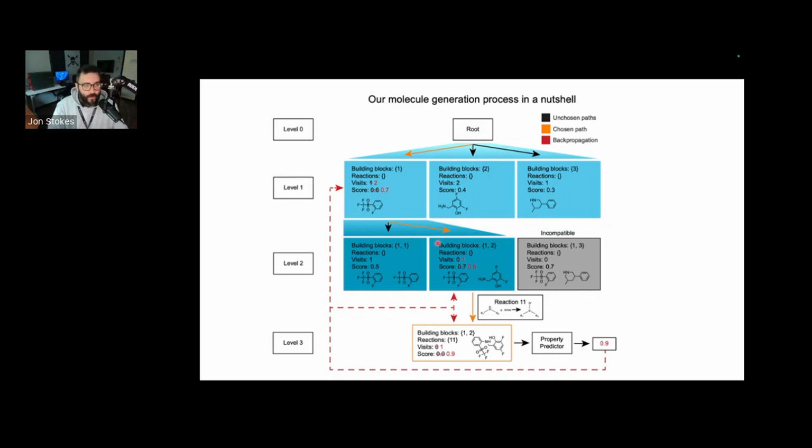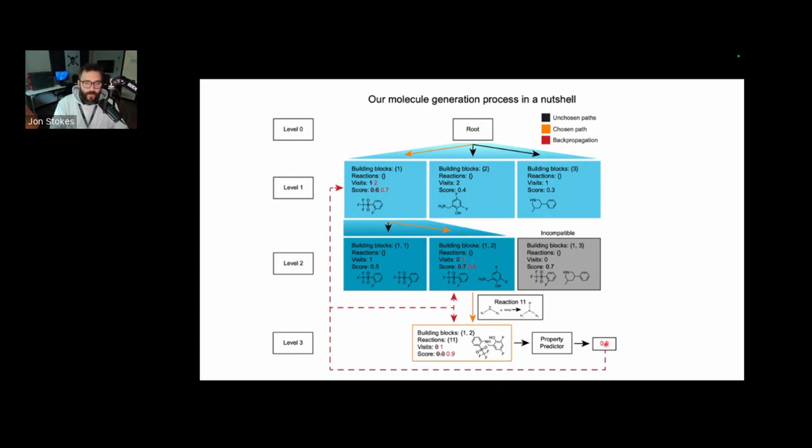And as such, we move forward through this node in our tree. We can then see that these two building blocks are synthetically compatible through reaction 11, whatever that is. We can then in silico synthesize the resultant molecule, show the full molecule to our property predictor, and then get an output score from that property predictor.